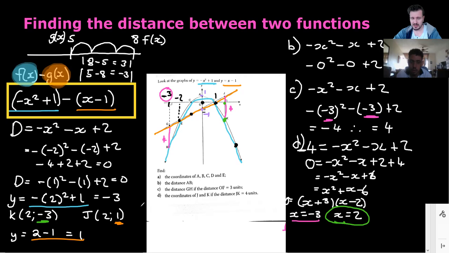So in other words, we minus the graphs from each other. And then we have an equation for the distance between the graphs. And that'll work at any value of X. And so we went, right, well, what value of X do we need in C? Well, we used -3 because they asked us to. In D, they didn't give us a value for X. They just told us the length. And so then we put in the length and then solved for X. And that gave us 3 and 2.